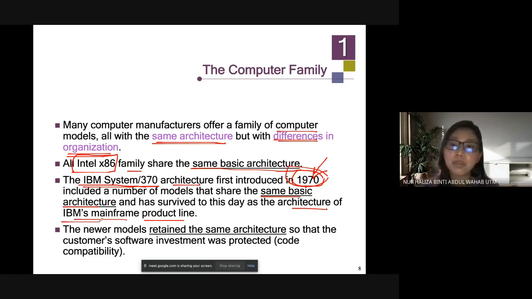For different products, maybe they already changed the architecture, but in IBM mainframes, they are using the same from 1970. The newest models retain the same architecture so that the customer's software investment is protected.